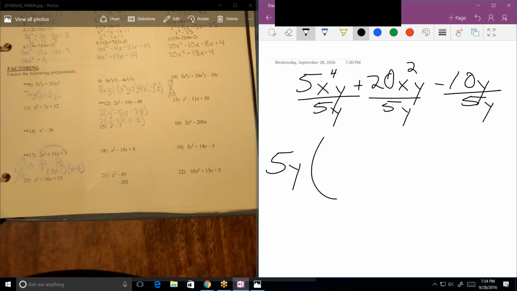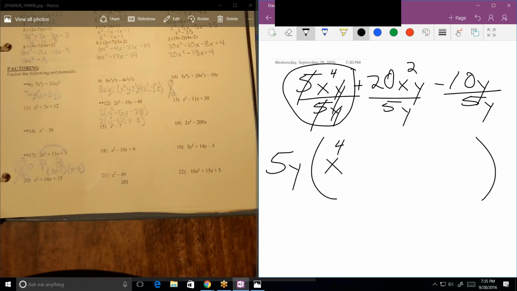So what do you have left? It'd be 5y on the outside and then parentheses. The y's cancel, the 5's cancel. What am I left with? X to the fourth.